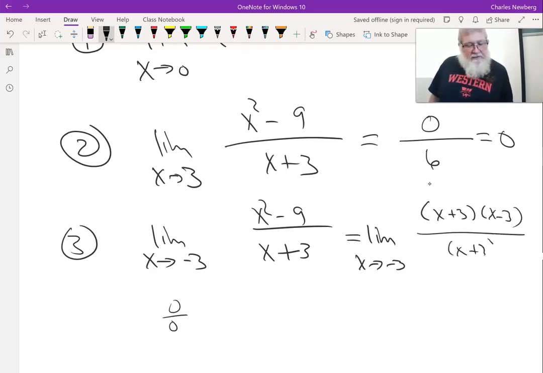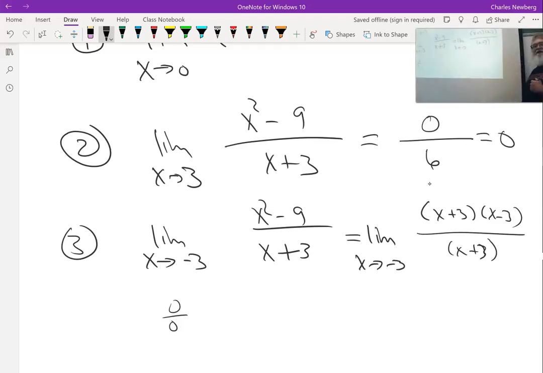That denominator is just x plus 3. Anybody see anything that will cancel? X plus 3's. And we can cancel that as long as x is what? Not negative 3. But remember, as we're doing our limit, we're only interested in as we're going into it. We don't care what happens right at that point. So we're allowed to cancel that.